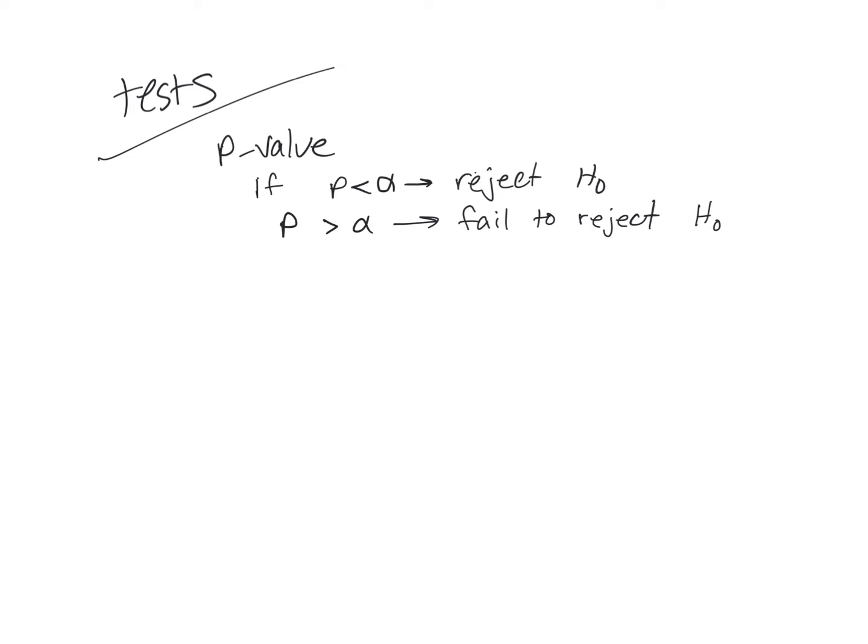So let's say I have a null hypothesis of mu equals 15, and an alternative hypothesis of mu is less than 15. And I get an x bar of 14.28. Does my sample suggest that the alternative hypothesis could be true?